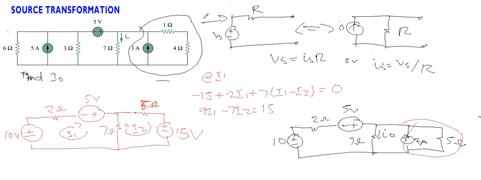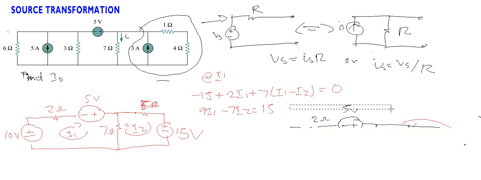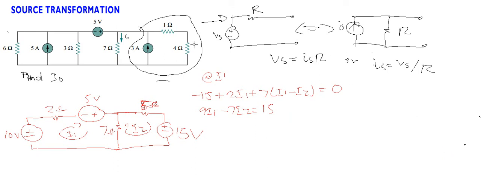And at loop I2 naman, we have 7 times I2 minus I1 plus 5I2 plus 15 is equal to 0.